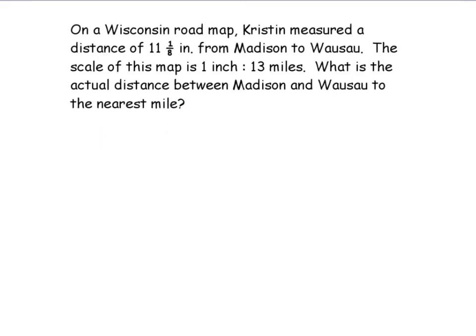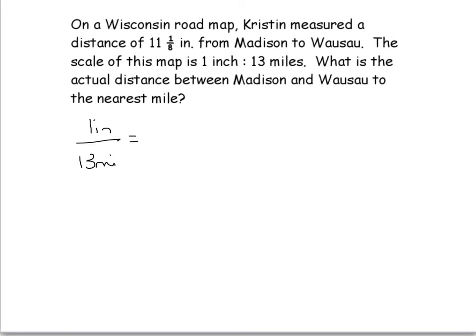Okay, so we're going to write out some proportions here. The first ratio I see is that 1 inch represents 13 miles. We are comparing inches to miles. Now, if 1 inch is compared to 13 miles, then 11 and 1/8 inches has to be compared to what I'm looking for.